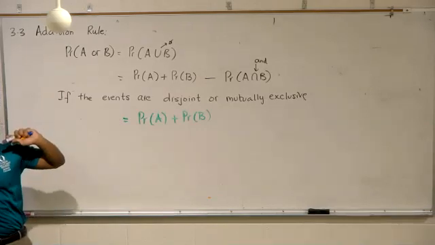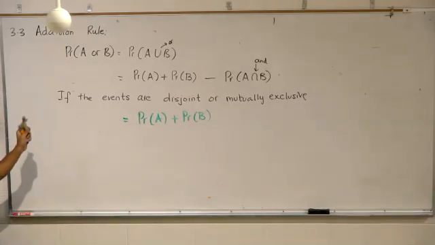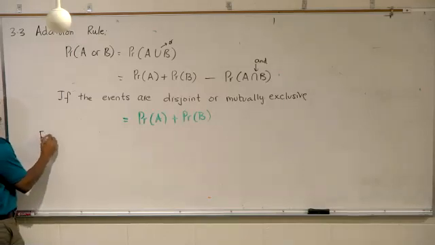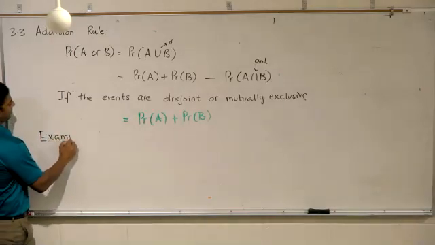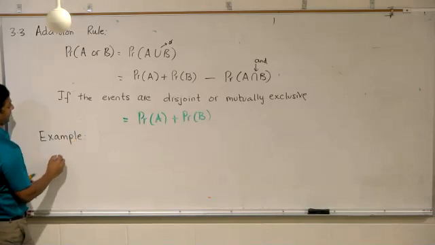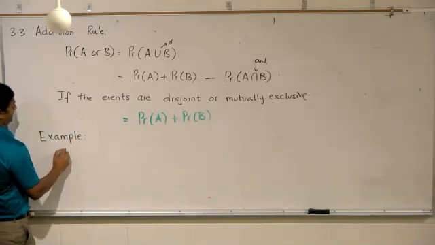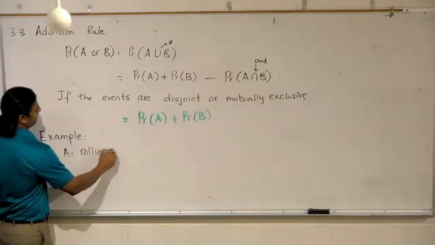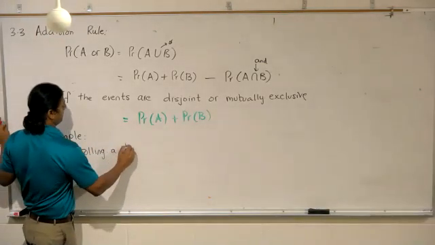Does it make sense? So can you think of an example for mutually exclusive events? Rolling the dice and getting a 4 and a 2. Rolling 2 dice, getting a 4 on 1 and a 2 on the other. You can't get a 4 and a 2 at the same time.